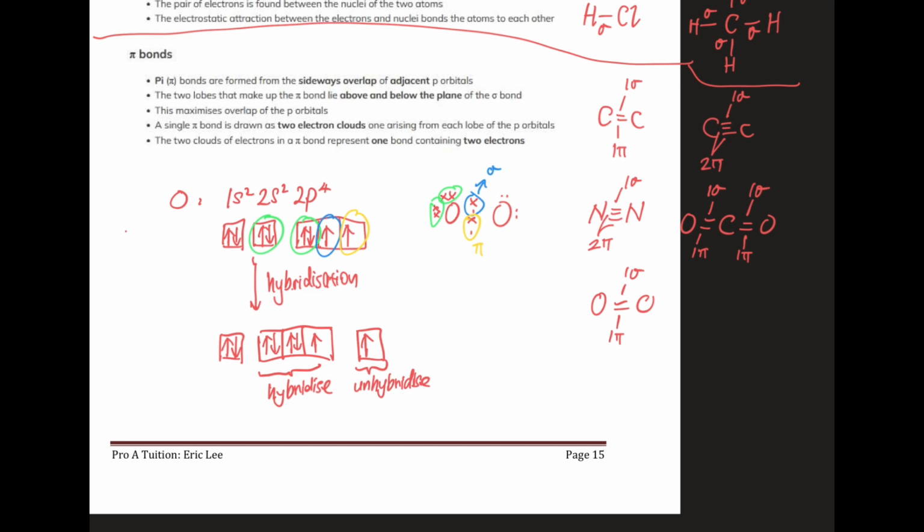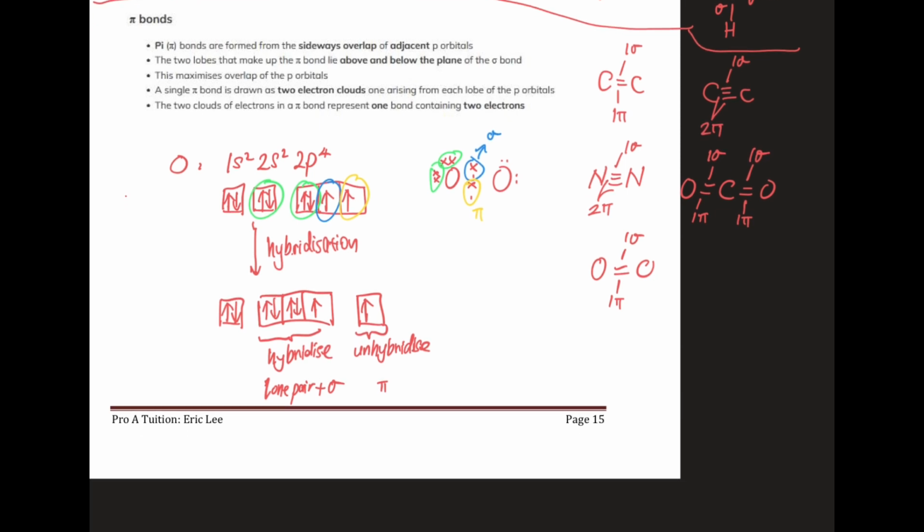The hybridized ones will form lone pair plus sigma bond, and this one will form the pi bond. After that, they form the molecule in this way. This lone pair, this lone pair, and this one will form a sigma bond with another oxygen atom. This one will form a pi bond with another oxygen.